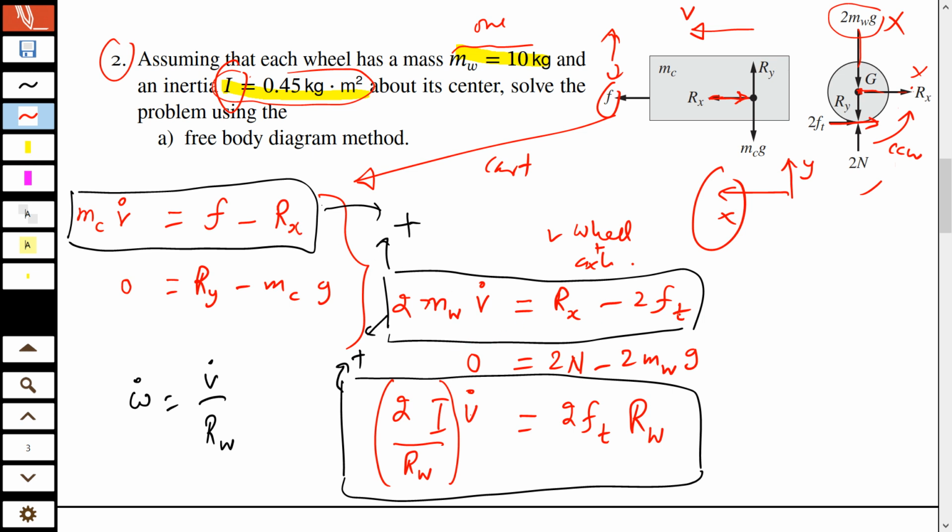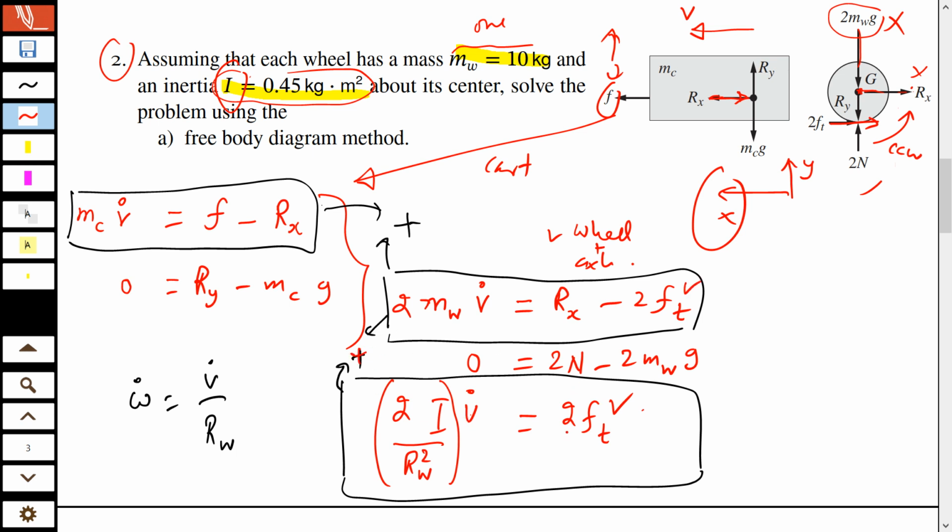But this minus 2ft can only cancel this plus 2ft if we get rid of this Rw. For that, I need to divide both sides by Rw. So this will become Rw squared, and on this side, this will disappear. And now I can think of cancelling this 2ft with this 2ft as I am adding these two equations.